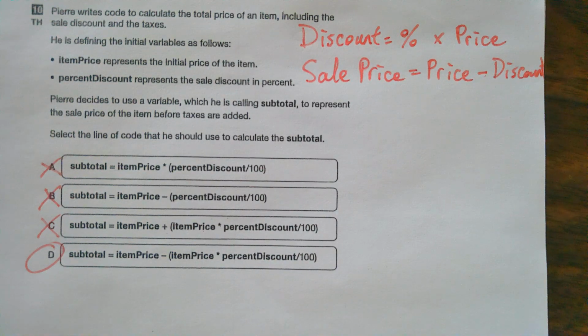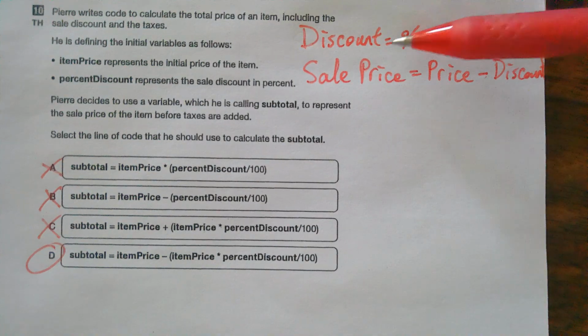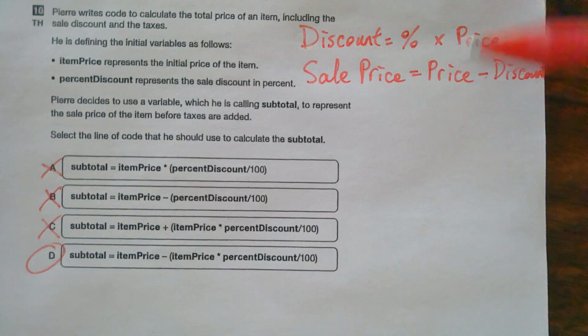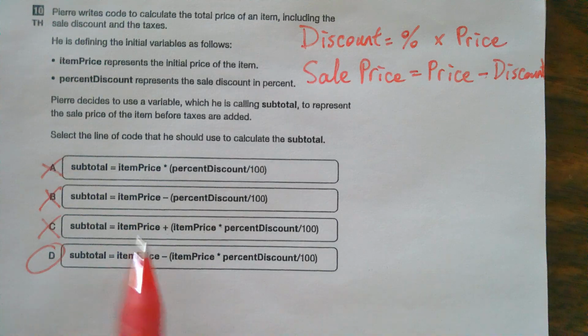So even though this is a coding question, you can think of it as a normal question first, and then see which one makes more sense. That's how you should always do the coding questions, because once people see it's coding, it scares them away.